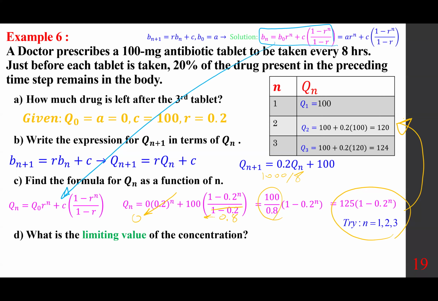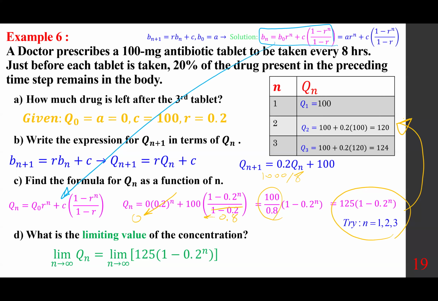What is the limiting value? That means take a limit of that as n goes to infinity. So the limit of the expression 125 times 1 minus 0.2 to the power of n as n goes to infinity. And again, we use the limit laws.